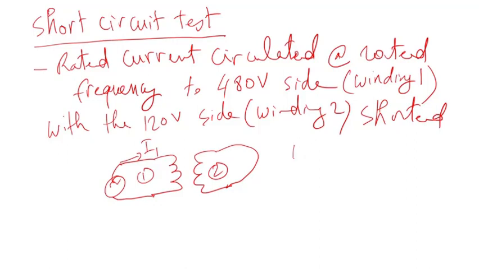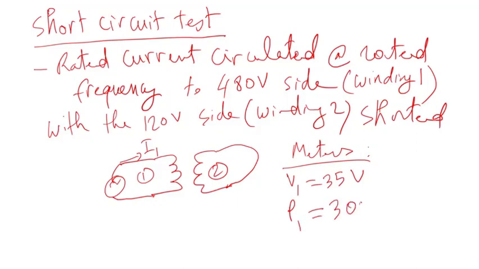So the meters measured the following quantities: V1 is 35 volts, and P1, which is losses basically, is 300 watts. So this is the short circuit test.